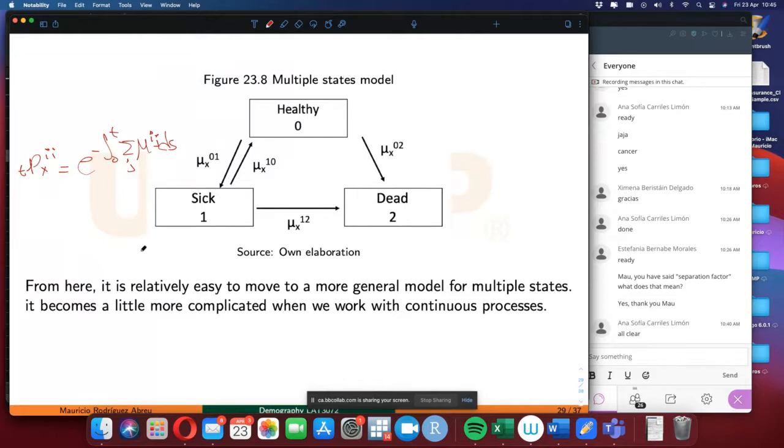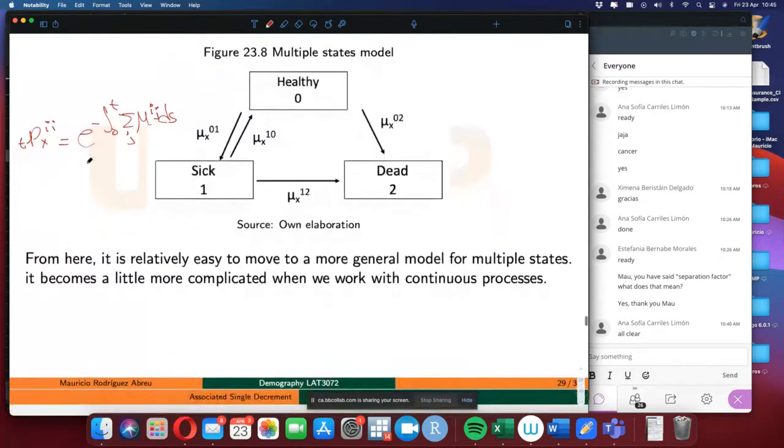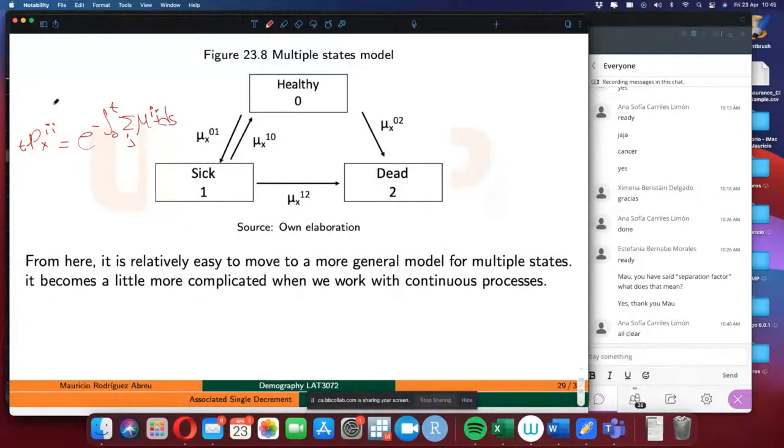However, in this scenario we have to be careful because we have two options. Let's add this line, and this is a person that never leaves. Essentially, this person is in this state and doesn't move for any reason.